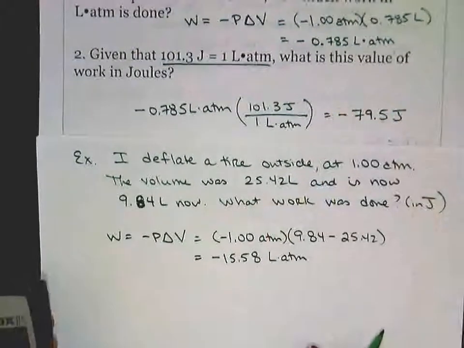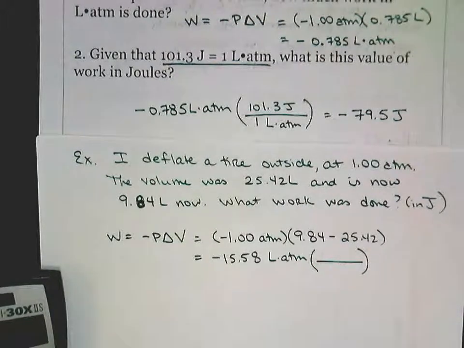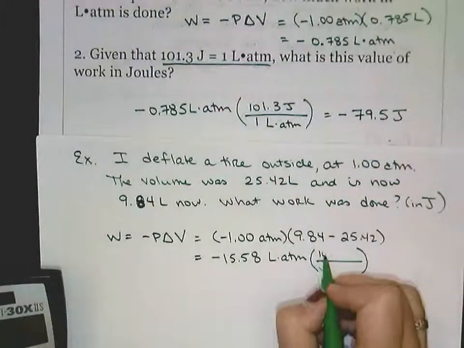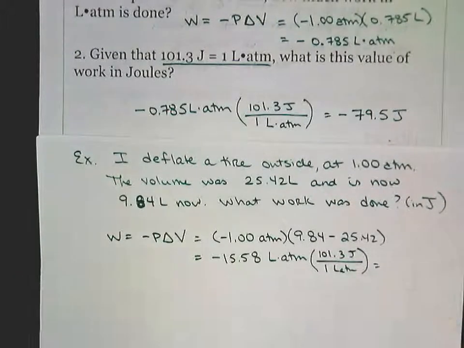All right, so then how do I get from liter atmospheres to something more useful? I multiplied by this, 101.3 joules per 1 liter atmosphere.